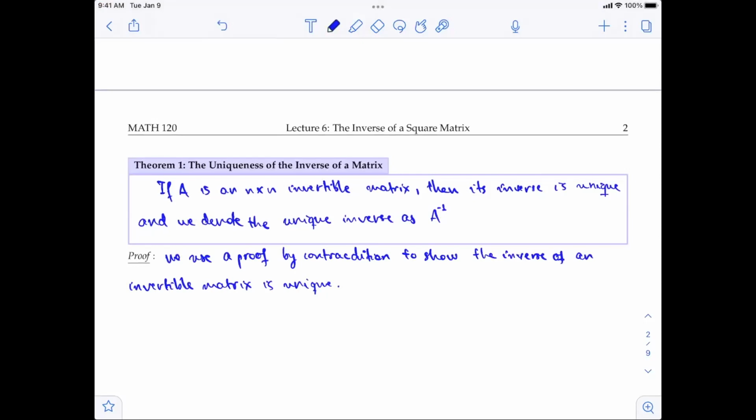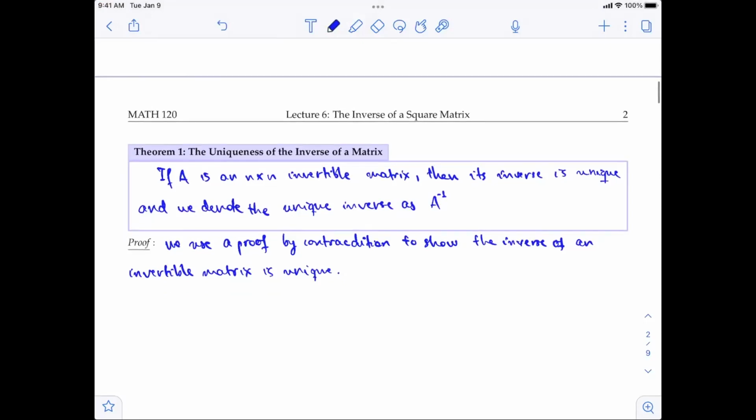That means first we make the assumption, or suppose, that A is an invertible matrix.